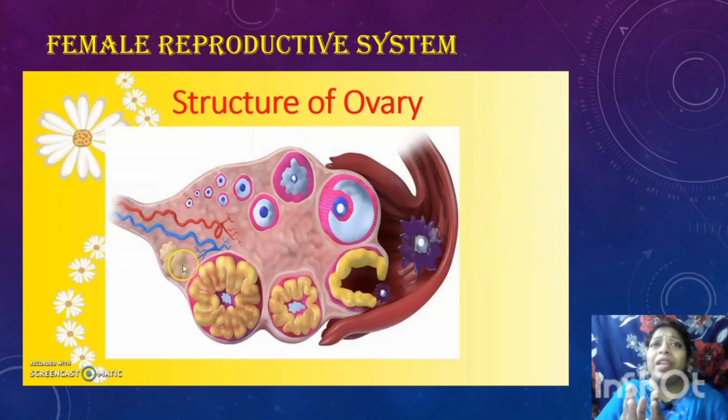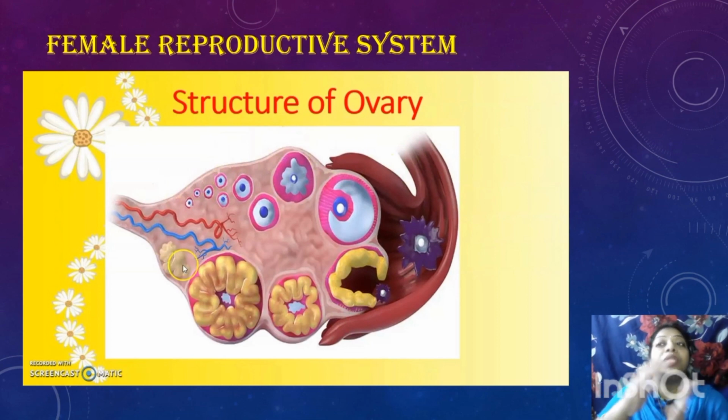It plays a very vital role during conception, that is during pregnancy and after pregnancy. So here the main important hormone produced in the ovaries is called estrogen.